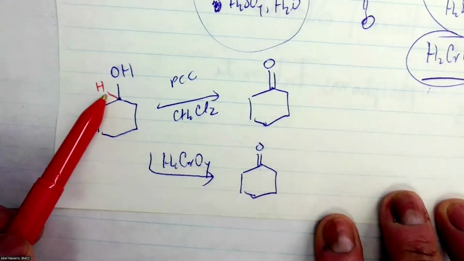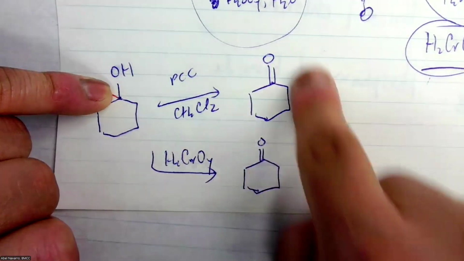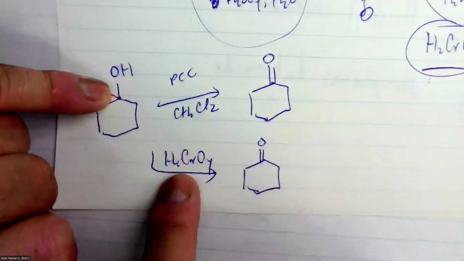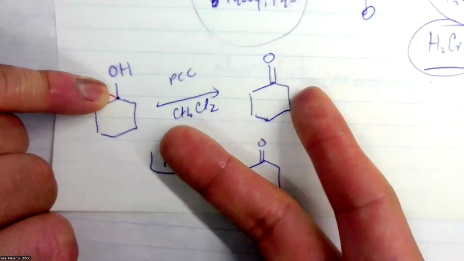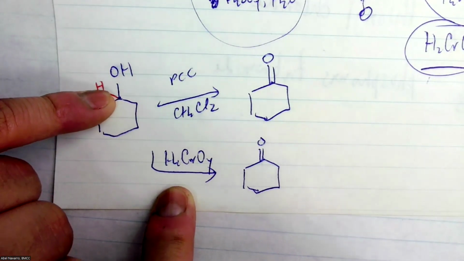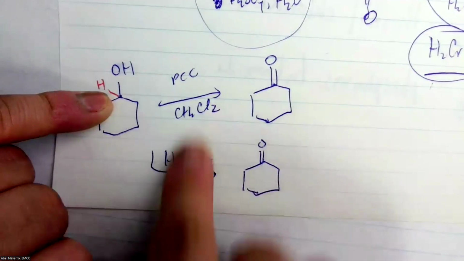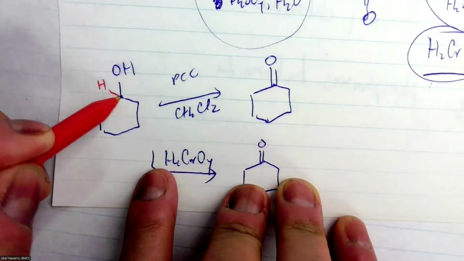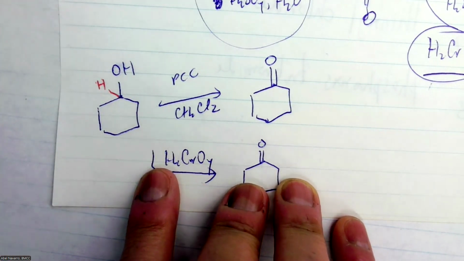You only have one hydrogen available. So if you lose this hydrogen with PCC, it will take you to ketone. Technically, chromic acid should take two hydrogens, but this carbon only has one. So even if it tries to oxidize, it won't. That's why you have the same product for both reagents, because the secondary alcohol only has one oxidizable hydrogen.